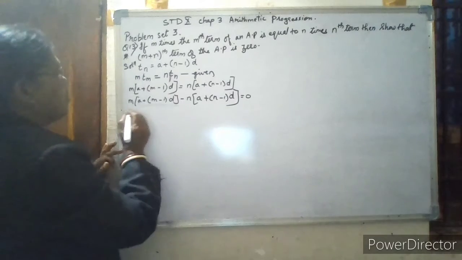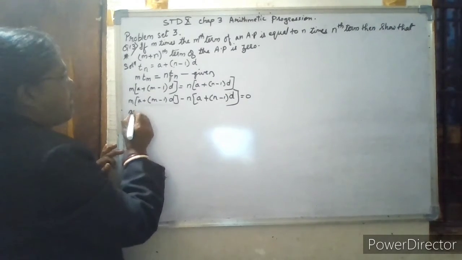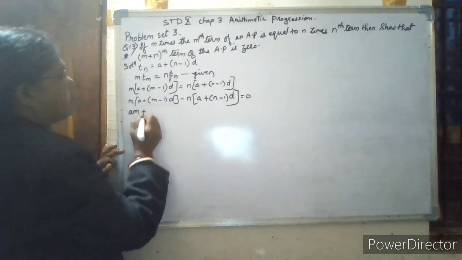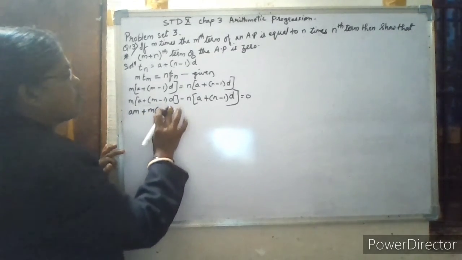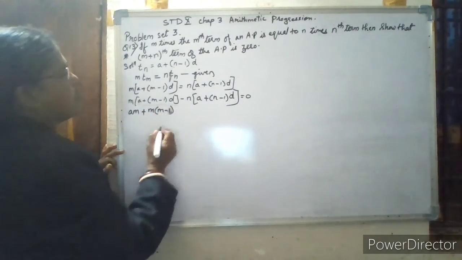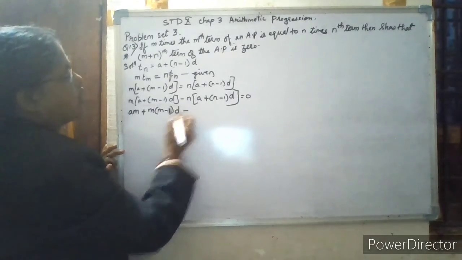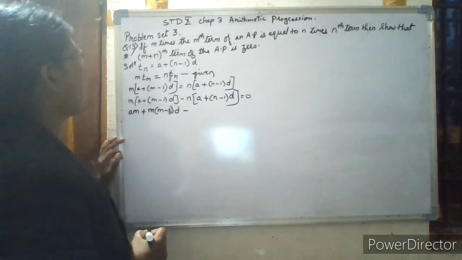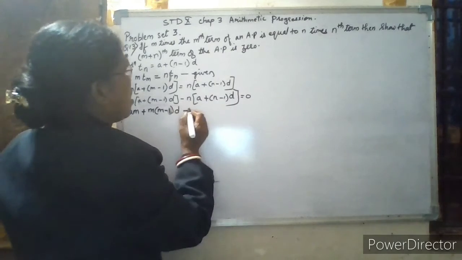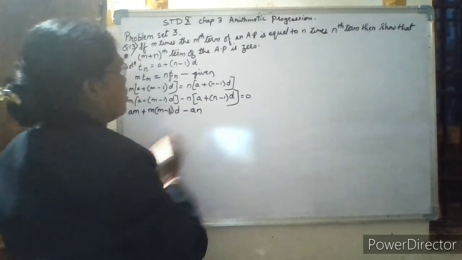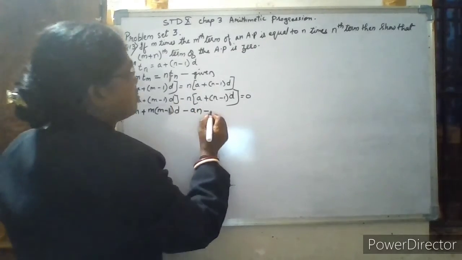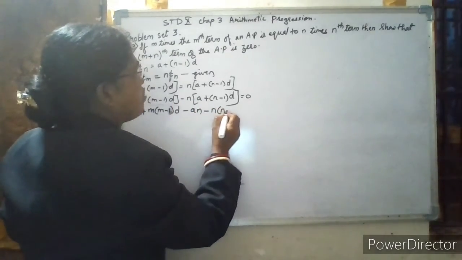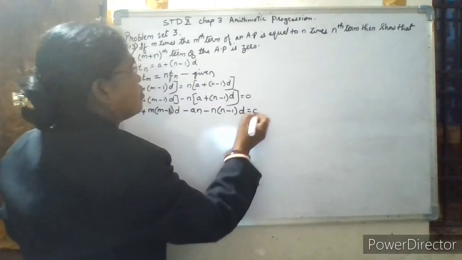So we get am plus m into m minus 1 into d, minus an minus n into n minus 1 into d, equal to 0.